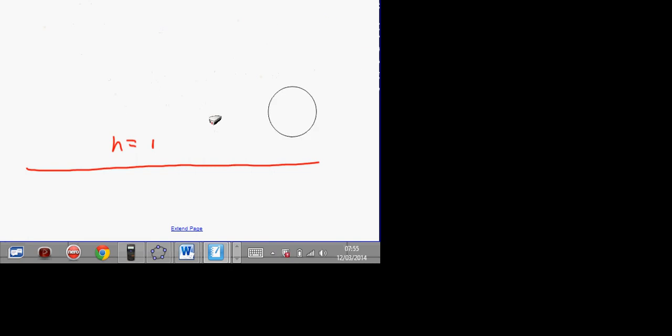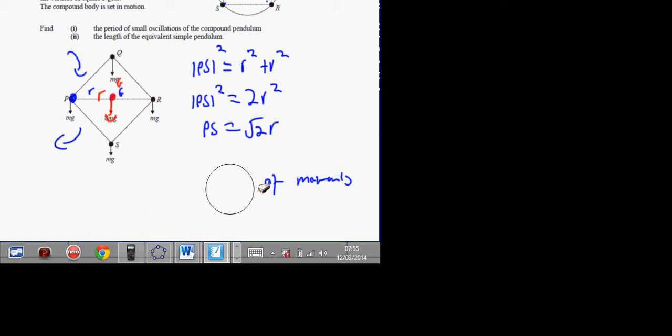This is the pivot point, and h represents the distance from the pivot point to the line of force of the center of gravity. The line of force of the center of gravity goes vertically down because it's weight. So it's another rotational thing, like force times distance, moment of force.